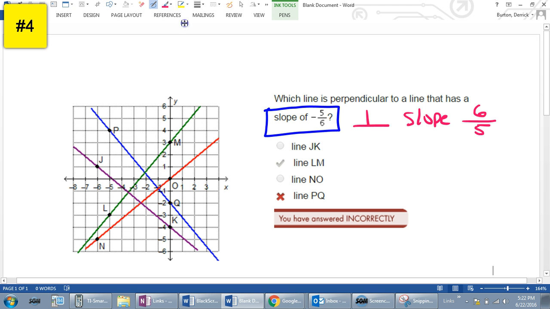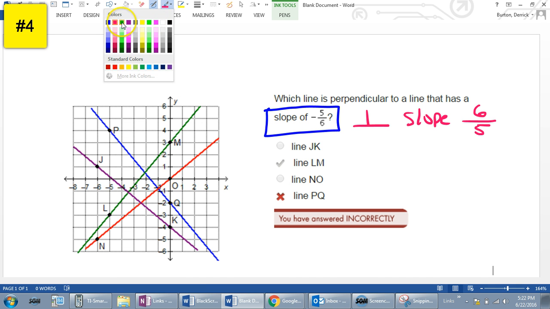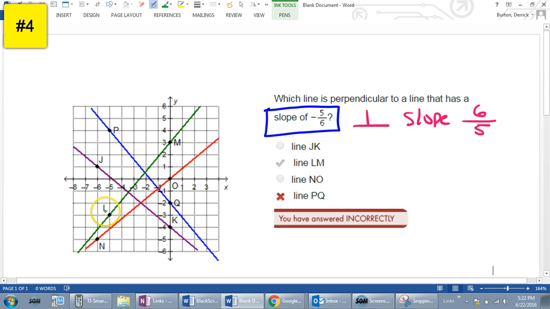Might as well start with the green one. They've got a dot waiting for us here and here, so I'm just going to count. Going up, that's 3, 4, 5, 6, and then going over 1, 2, 3, 4, 5. So it looks like the green one wins right there. That's LM, so LM is the answer.